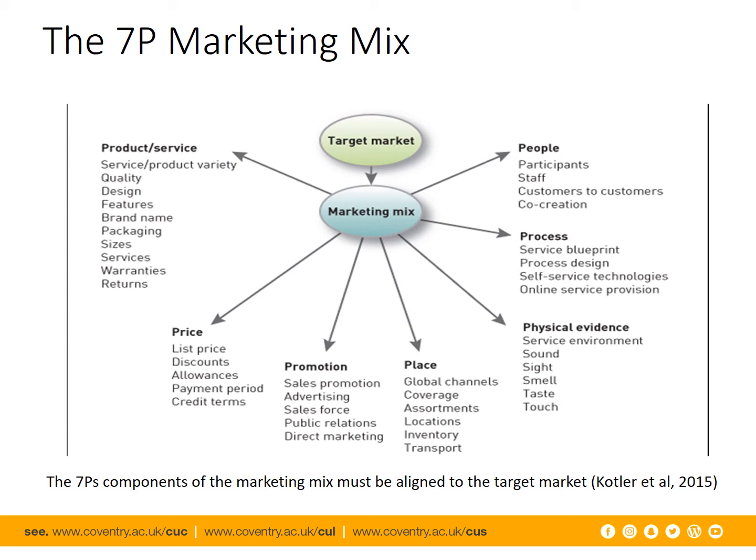What about the place, coverage, assortment, locations, inventory, transport, physical evidence in terms of service environment, sound, light, smell, taste. Process in terms of service blueprint, process design, people in terms of participants, staff, and it's more complex than it is in terms of what you're trying to achieve, it says here target market, but I'm saying marketing strategy.